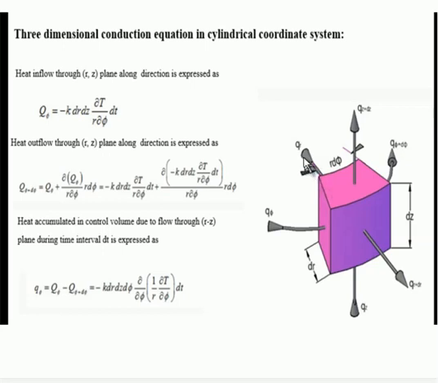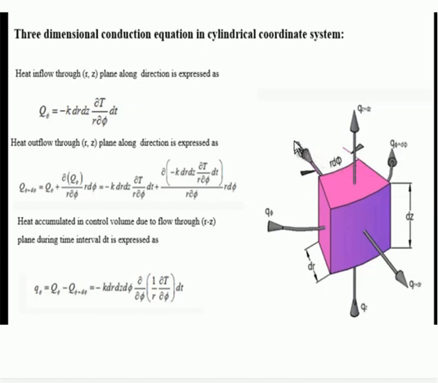Here it is Q r. It enters in the radial direction, that is Q r, and exits here as Q r plus dr. So on three sides we have Q phi, Q phi plus d phi; Q z, Q z plus dz; and in the radial direction Q r, exiting as Q r plus dr. The heat flows in this direction as Q phi and exits at this face as Q phi plus d phi.